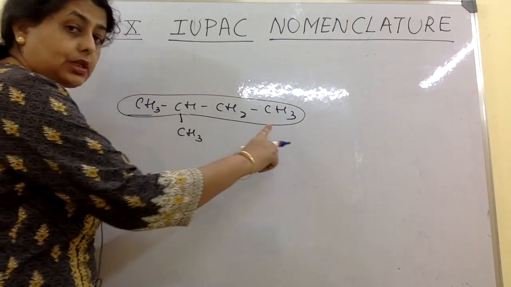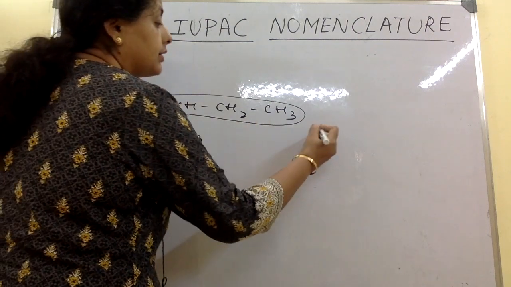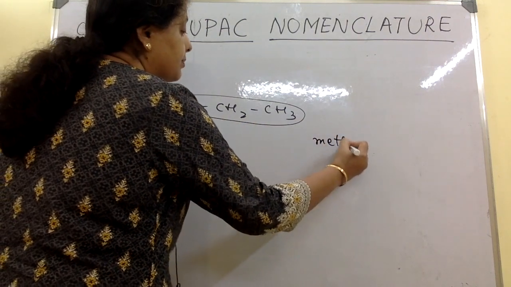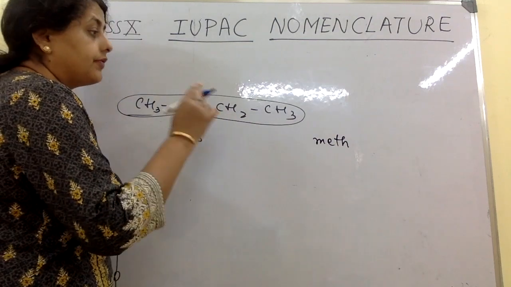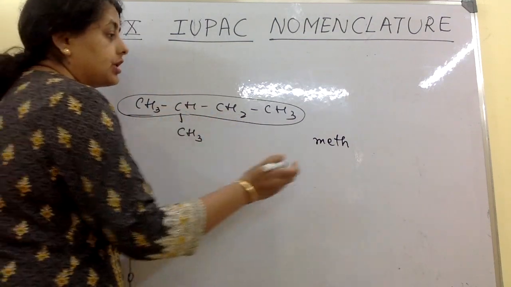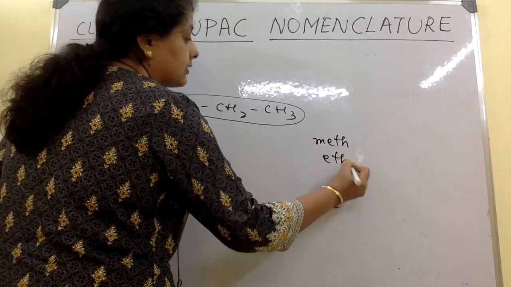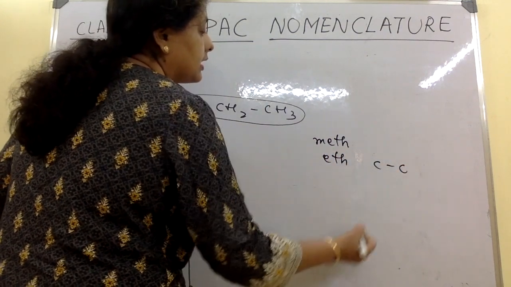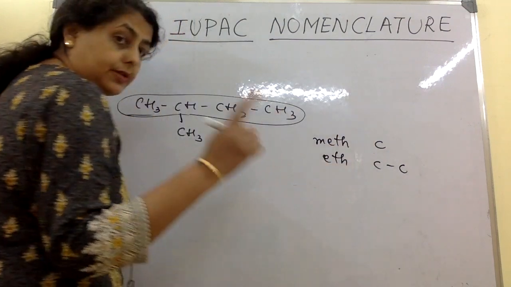Another thing I want to tell you: if you have only one carbon in the parent chain, it is named meth. If you have two carbons in the parent chain, you call it eth, like in ethane. In methane there's just one carbon.